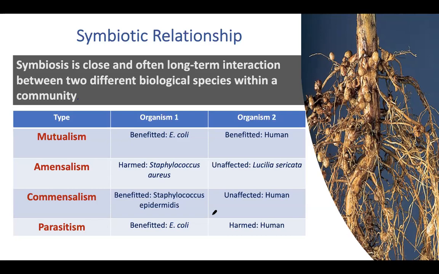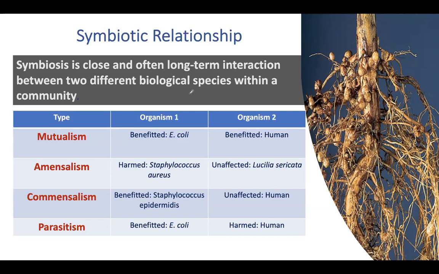Okay, so inside my body lots of bacteria are there, and on the outside of my skin lots of different types of bacteria are there. That's the symbiotic relationship, because all those organisms are living inside my body and on my body.